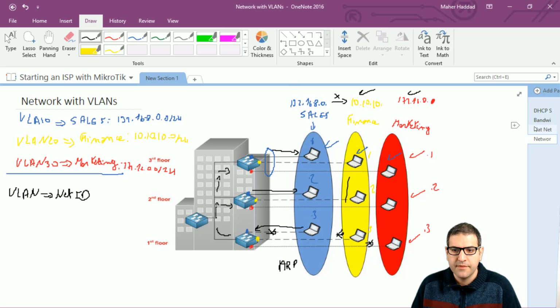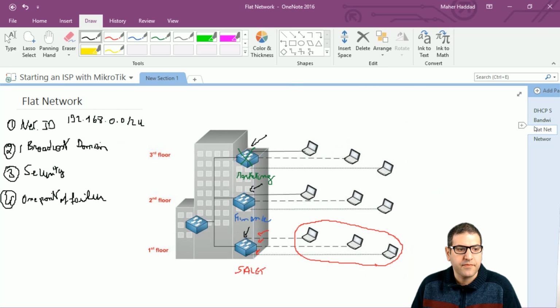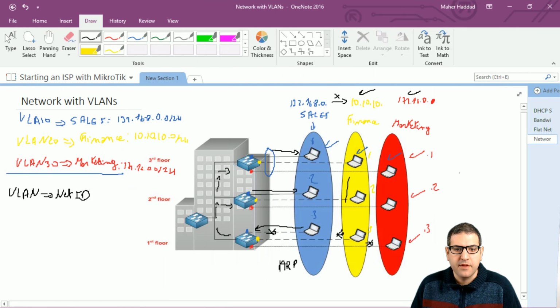And the last problem, we said that in this case there is a single point of failure. For example, if the switch of the second floor goes off, so it's not functioning anymore.